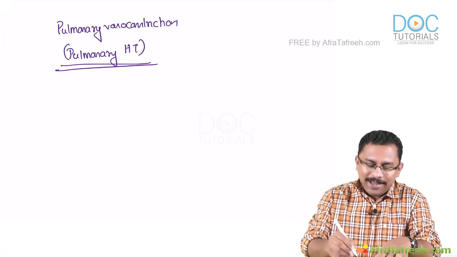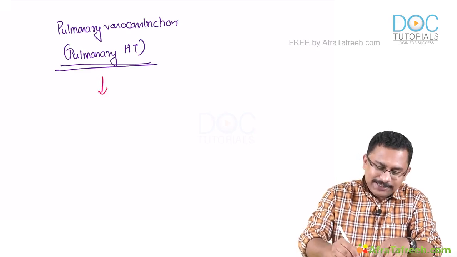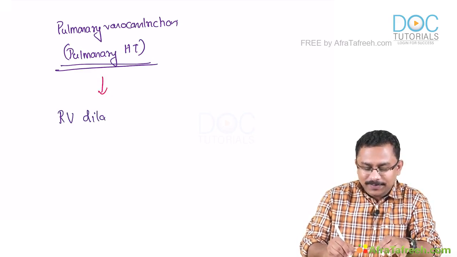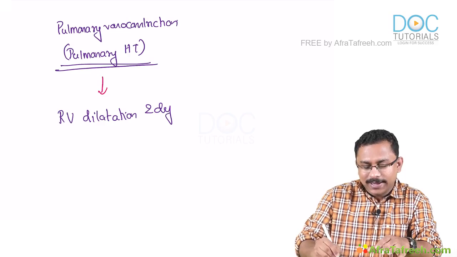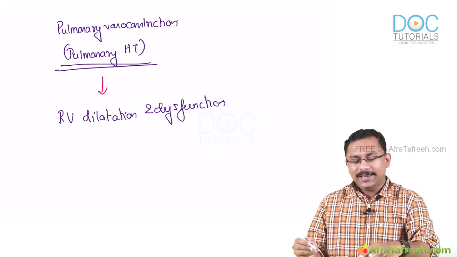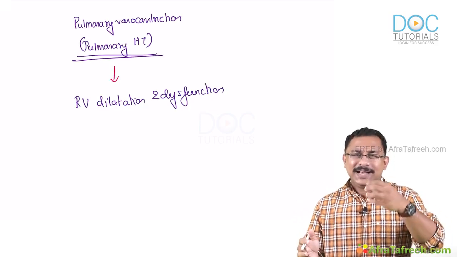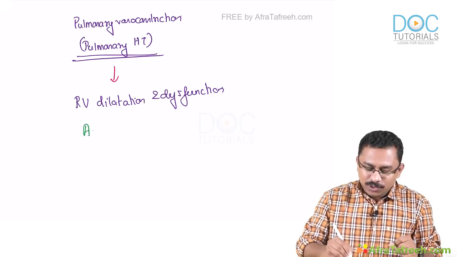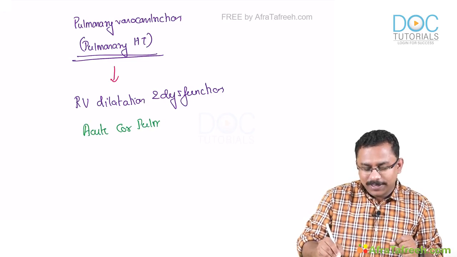No. So as a next step, right ventricular dilatation and dysfunction would happen, and when it happens acutely in the setting of, say, a massive pulmonary embolism, you call it what? Acute cor pulmonale.